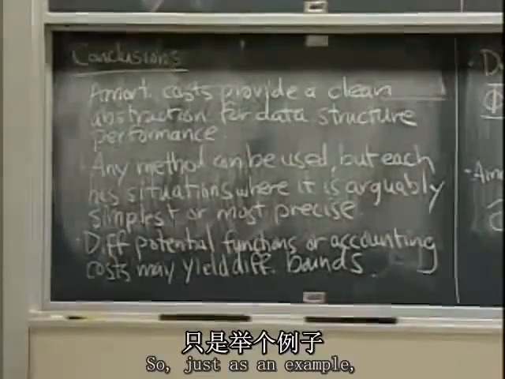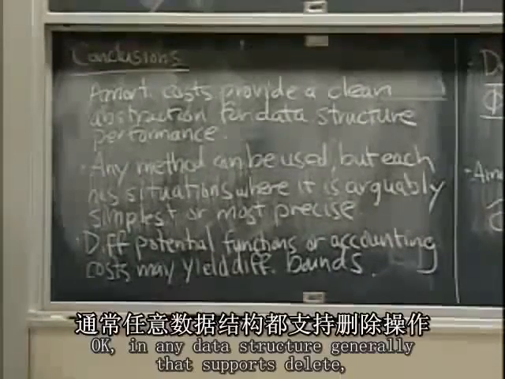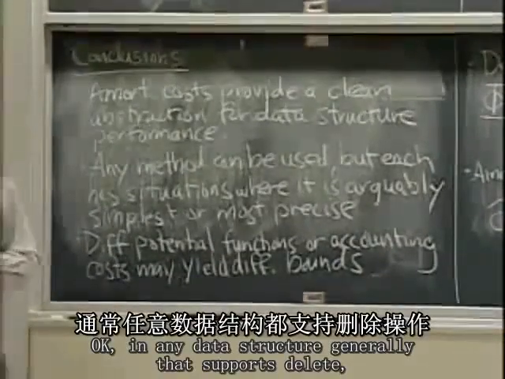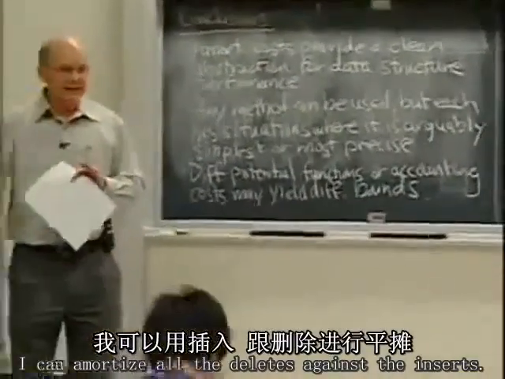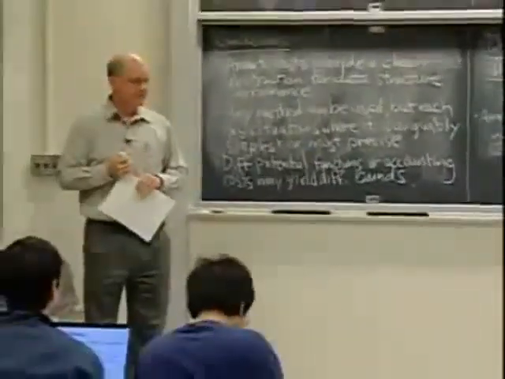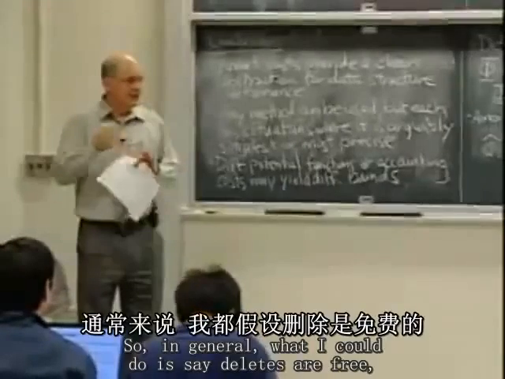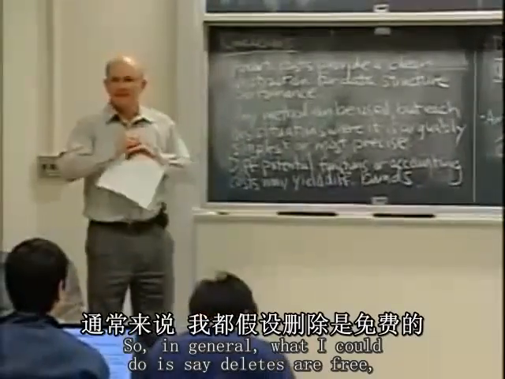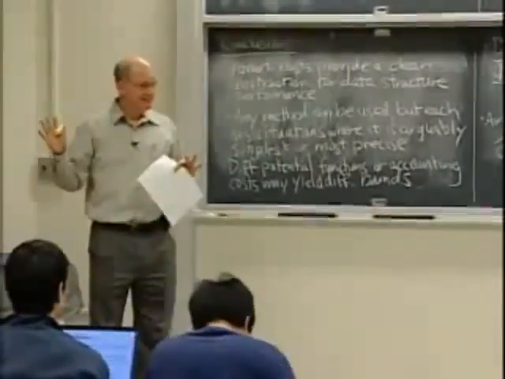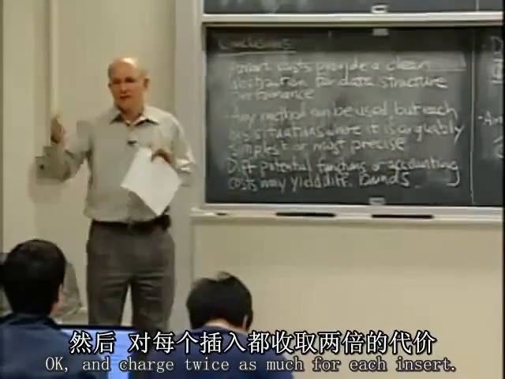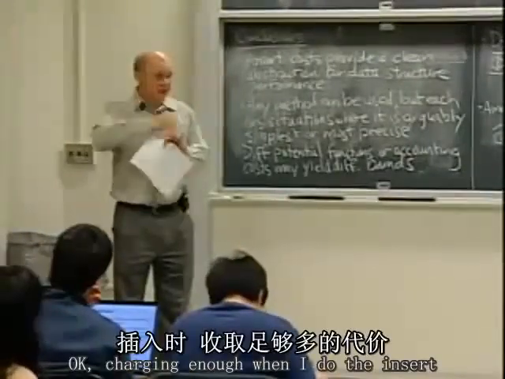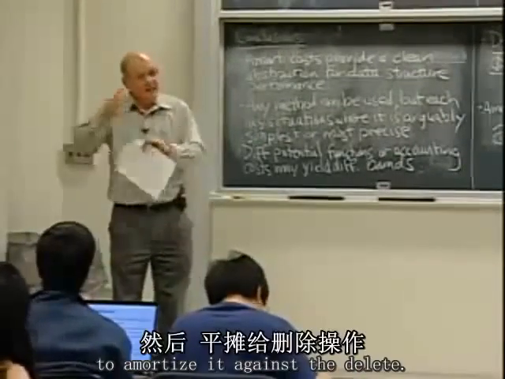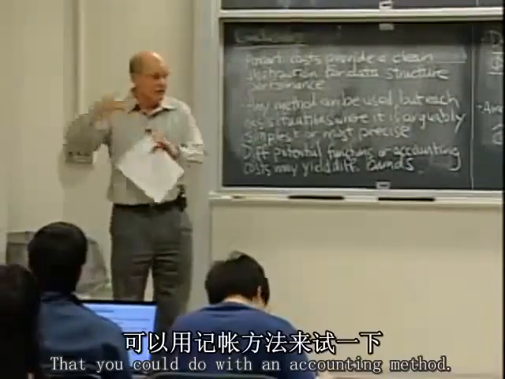So just as an example, in any data structure that supports delete, I can amortize all the deletes against the inserts. So in general, what I could do is say deletes are free, and charge twice as much for each insert. Charge enough when I do the insert to amortize it against the delete. That you could do with an accounting method.